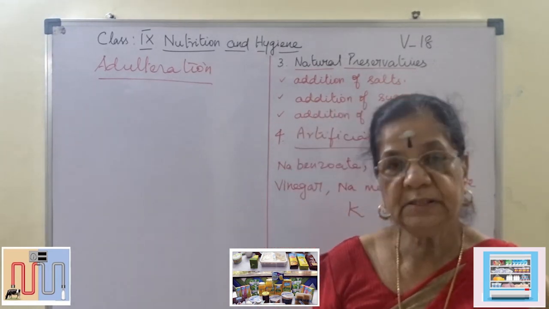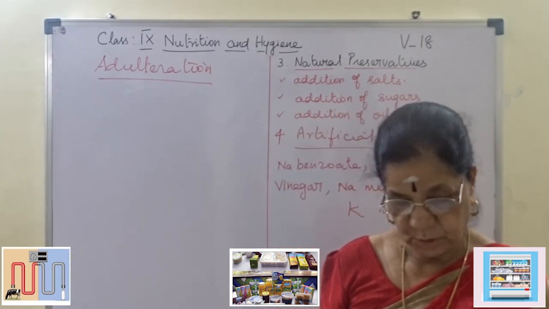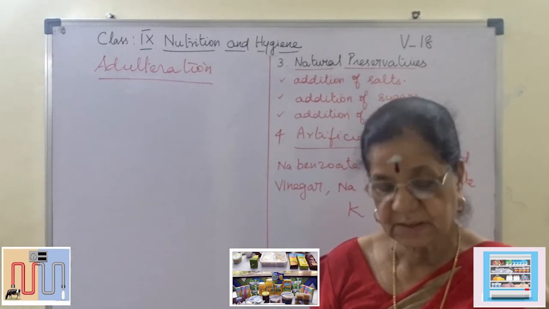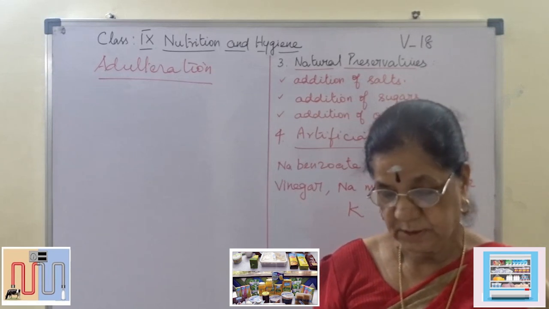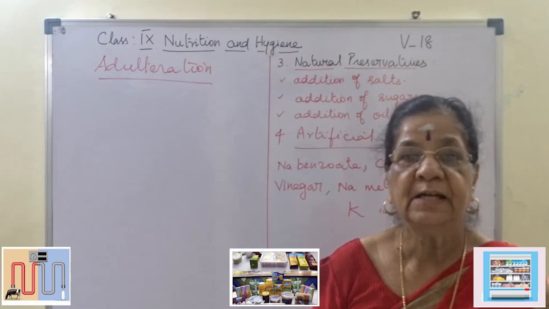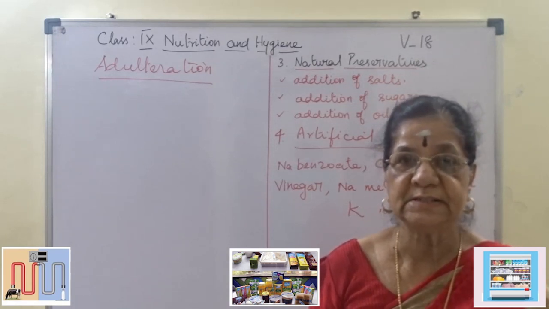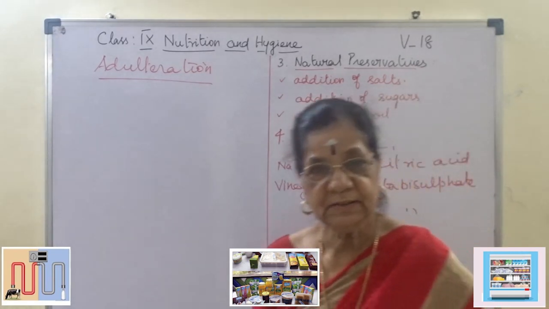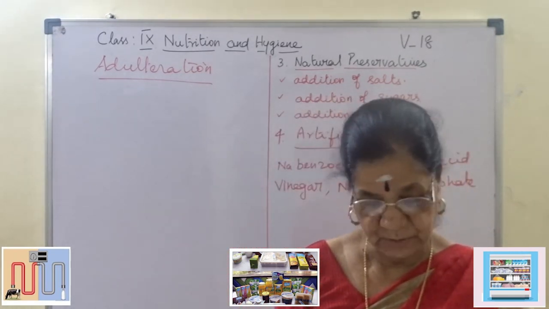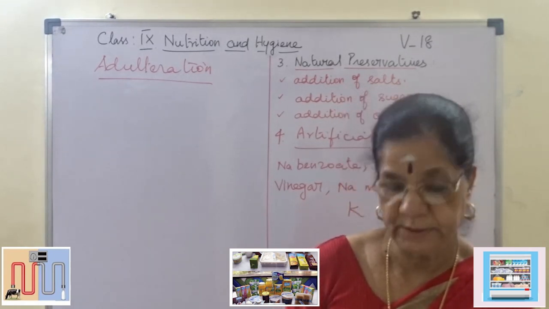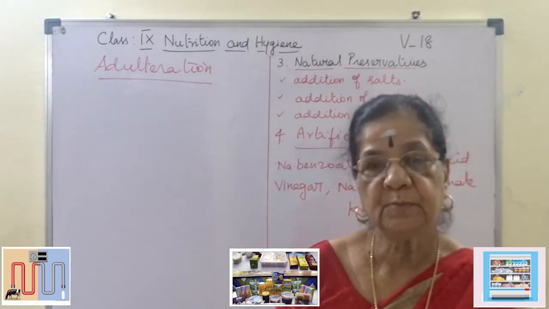Some of the common adulterated foods are milk and milk products, cereals, pulses, coffee powder, tea powder, turmeric powder, saffron, confectionery and alcoholic beverages. Other than that, spices, edible oil, meat, poultry products.